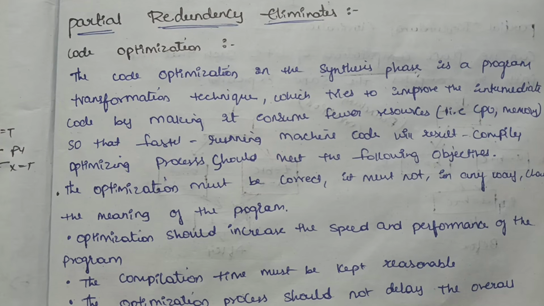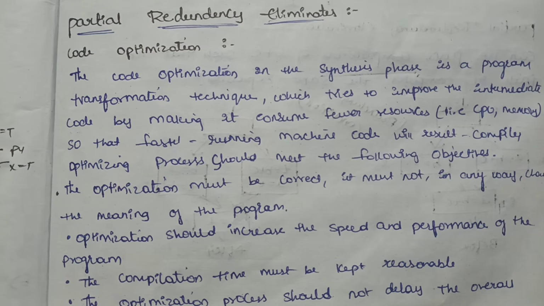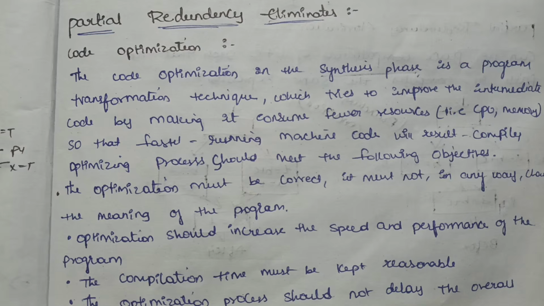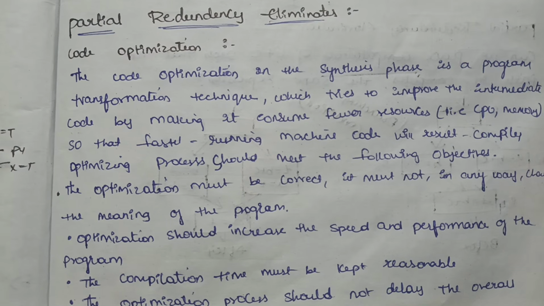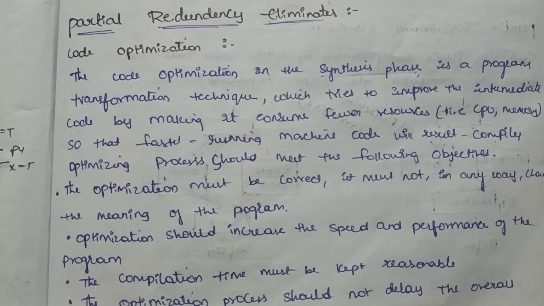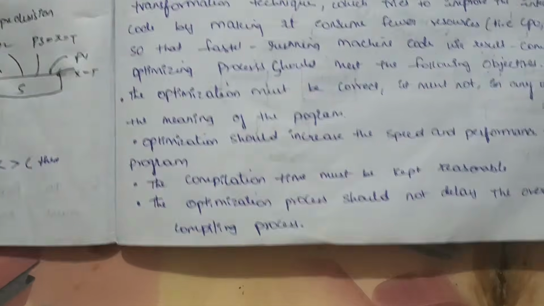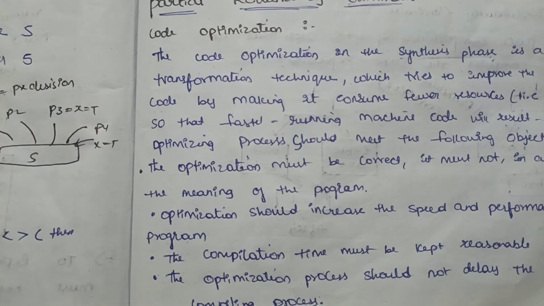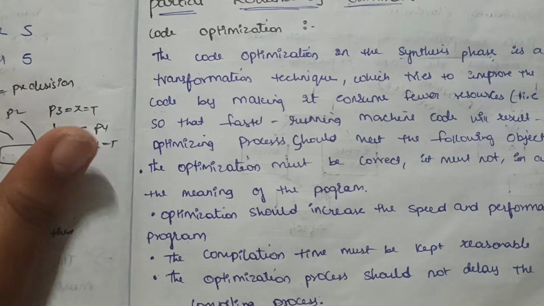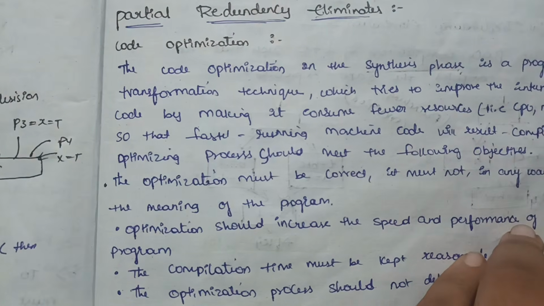Next, the compilation time must be kept reasonable. While we are compiling, we have to check whether the compilation process is going in a correct manner or not. And the last one is that the optimization process should not be delayed over the compilation process.